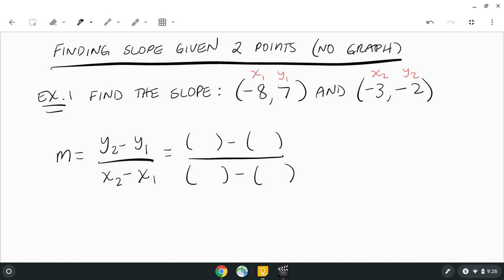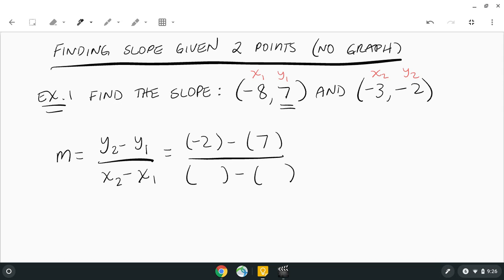Okay, so in my formula over here, it says to plug in my second y value. I look up here, and this is my second y value. So I'm going to plug in -2. And now I have to subtract my first y value, and my first y value is over here.